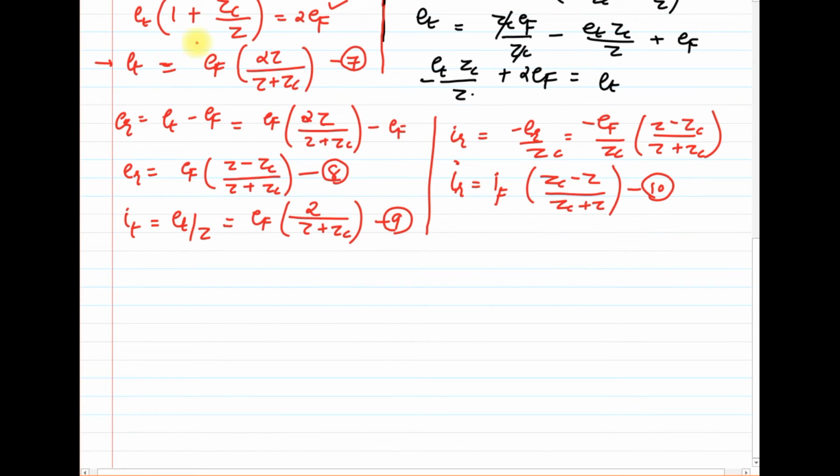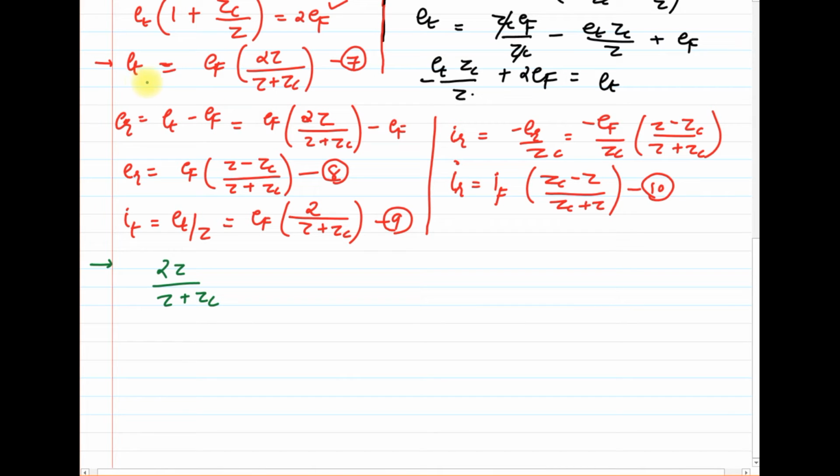The conclusion from the theory: in equation number 7, we get one coefficient, which is 2Z divided by Z plus ZC, and we know very well ET is the refracted or transmitted voltage.